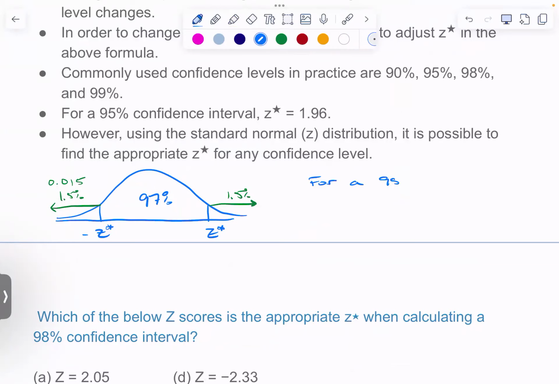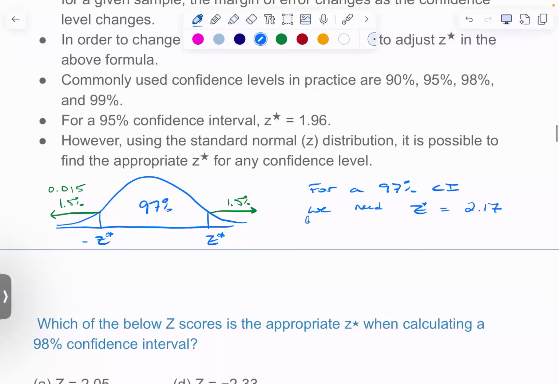For a 97% confidence level, or let's just do CI, we need Z star 2.17 from the Z table.